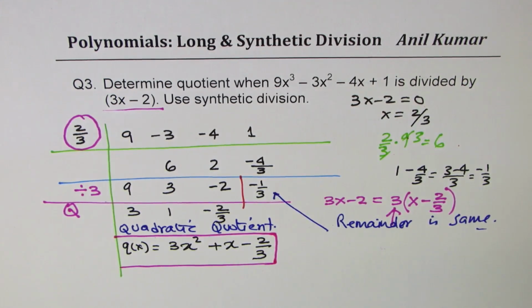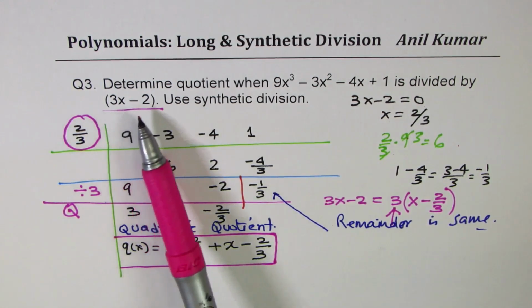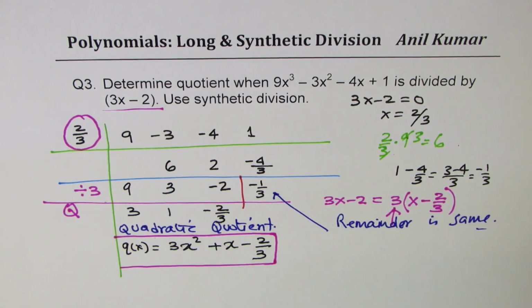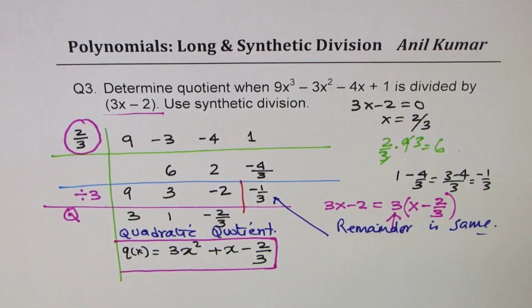Now, look at it very carefully. We actually divided by the factor x minus 2 over 3. We did not divide by this 3, which you have done at the end. And that is how you do synthetic division when the divisor has term like ax plus b. Okay? So let's move on and take up question number 4 now.